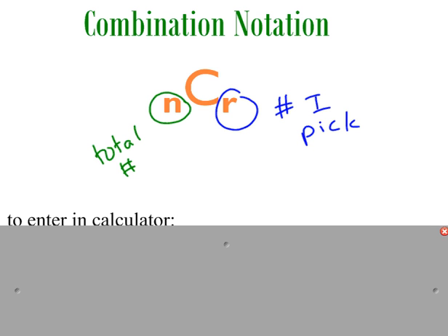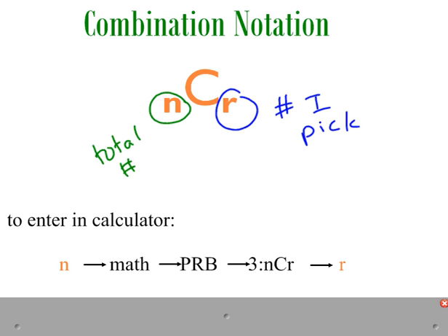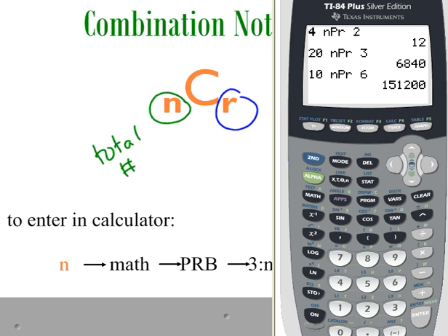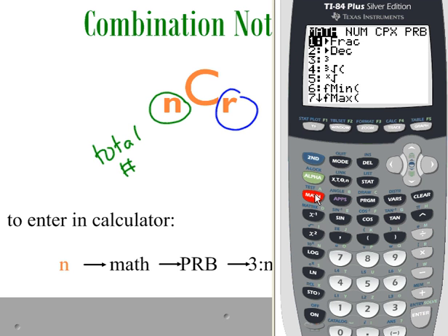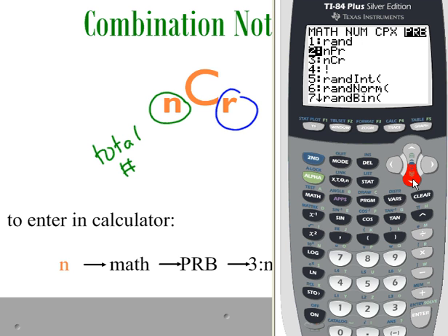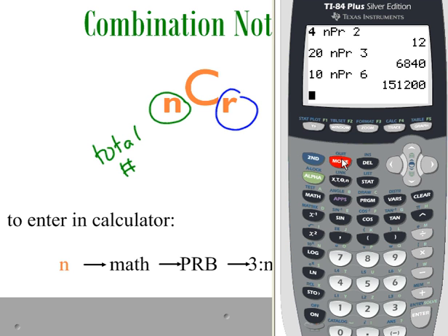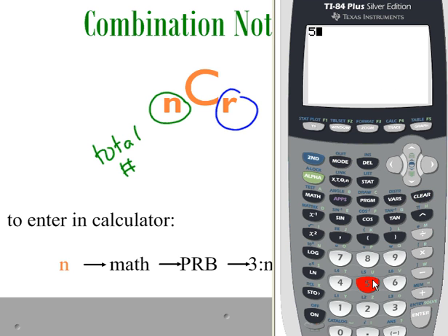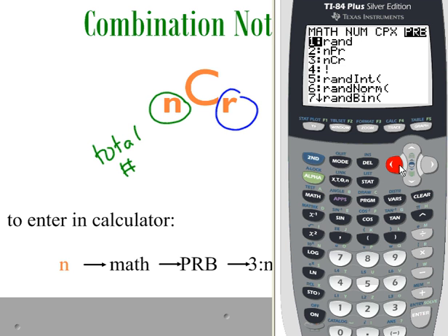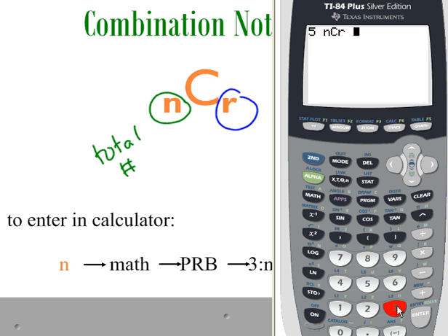And we get it the same way. We got the NPR button. We hit math, we arrow over to the probability piece, and then you see on 3, you have NCR. Now, of course, you have to hit the number you want first, the N value. So if I'm doing 5, math, over, and then maybe I want to pick 2 things, right? I can hit enter, and that's my value.